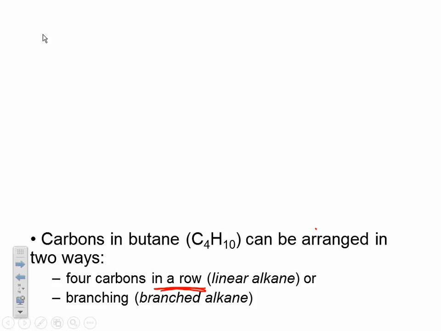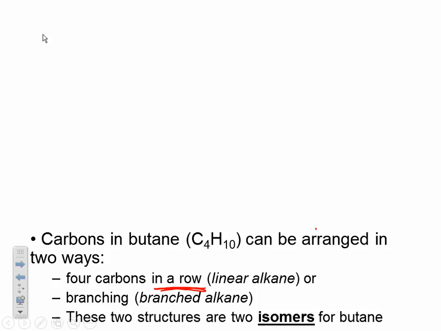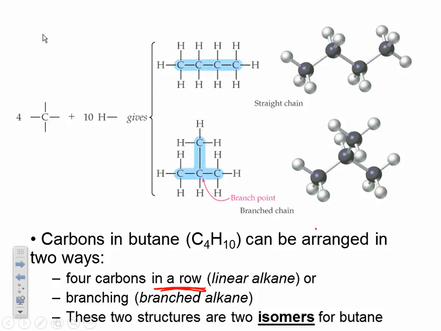Or you can start to have branching. So instead of your longest chain being 4, now your longest chain could be a little bit shorter, it could be 3. And you could have that 4th carbon, instead of being connected in a straight line, have it be a branch, have it be a substituent, have it be an alkyl. So these would be the 2 isomers for C4H10.